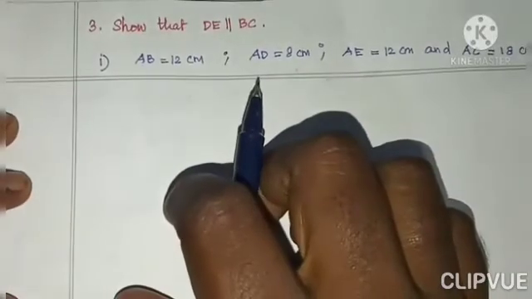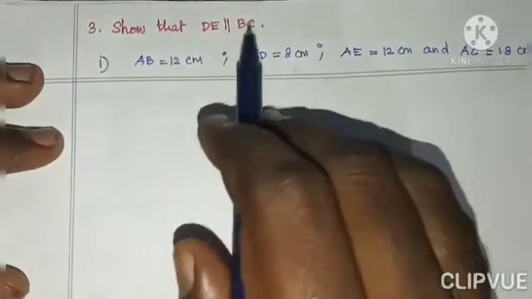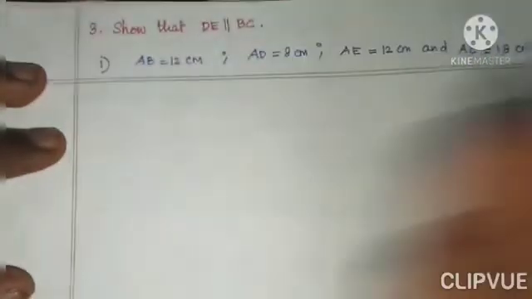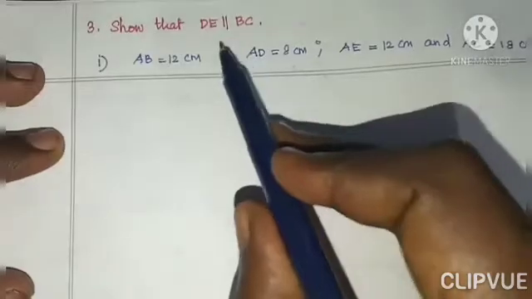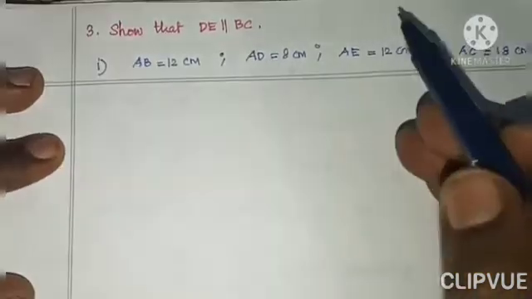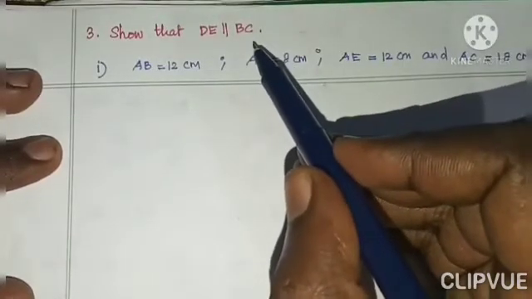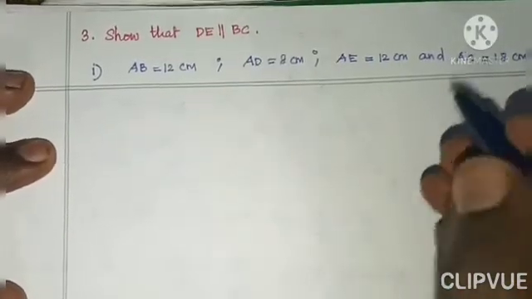Exercise number 4.2, question number 3. Show that DE is parallel to BC. How? You have learnt the converse of the basic proportionality theorem.